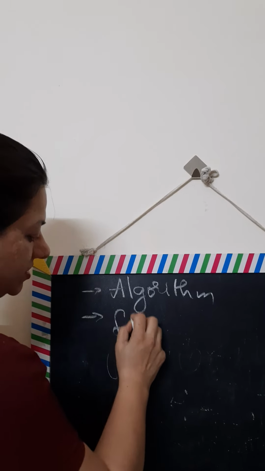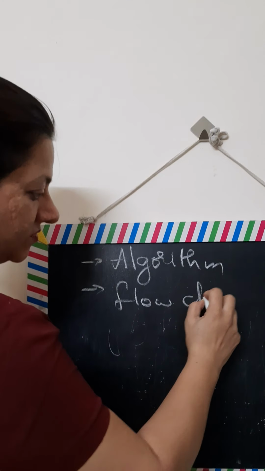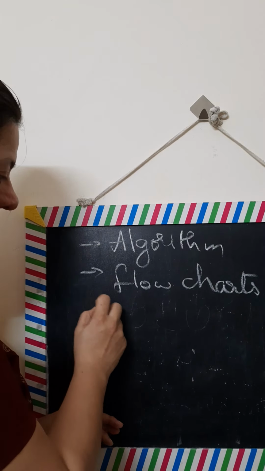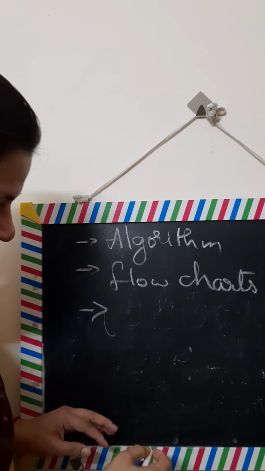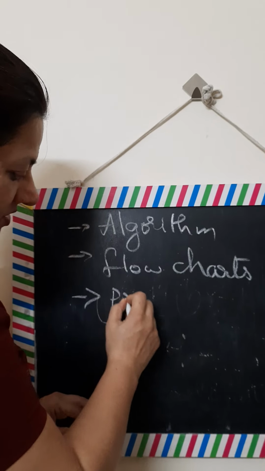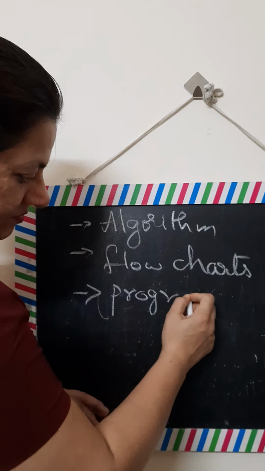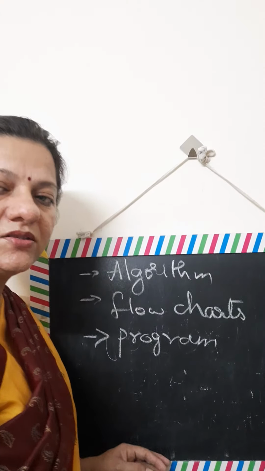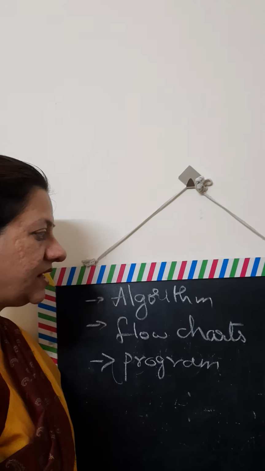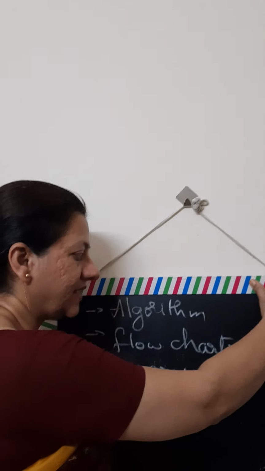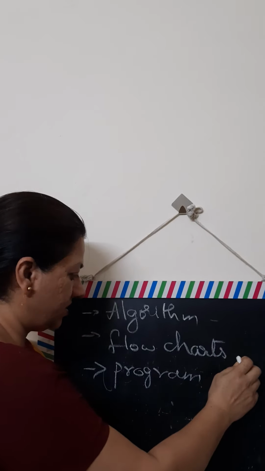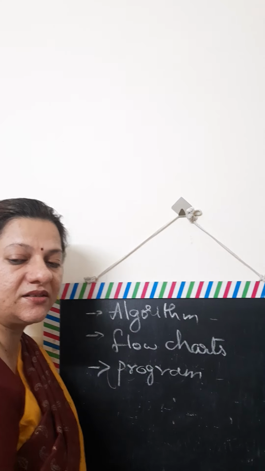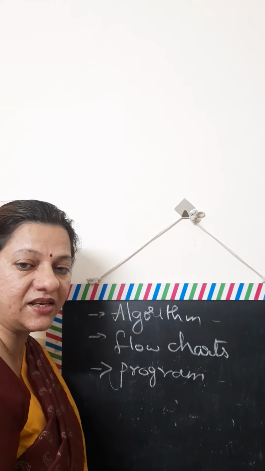What are flowcharts? And then we will see what is a program. Okay, so if we have to take up one by one, what exactly is an algorithm, what is a flowchart, what is a program, we need to know what these basic things are meant for.